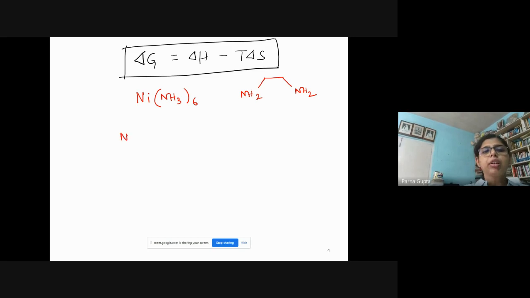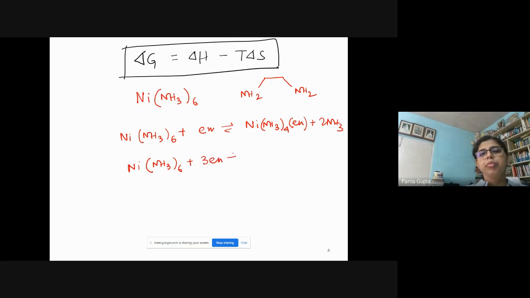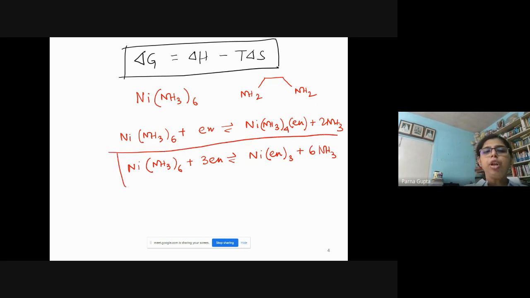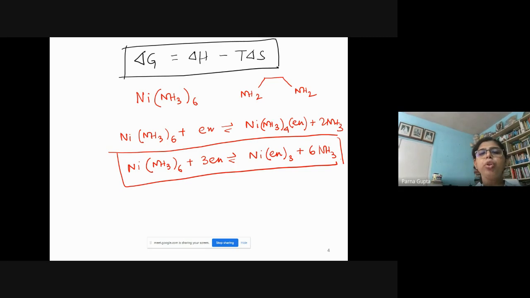Now if we take Ni(NH3)6 plus en, in the first step, plus 2... Now if we look at that particular reaction, what do you see?